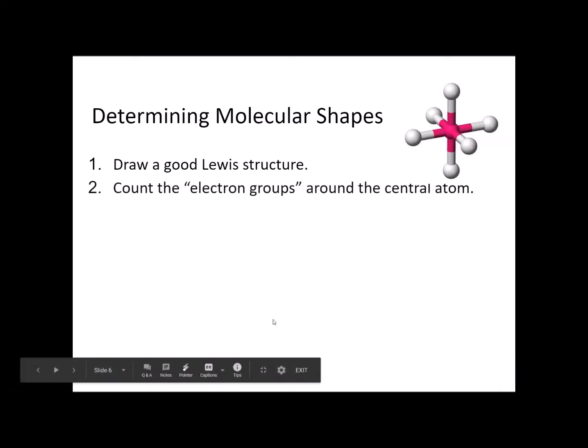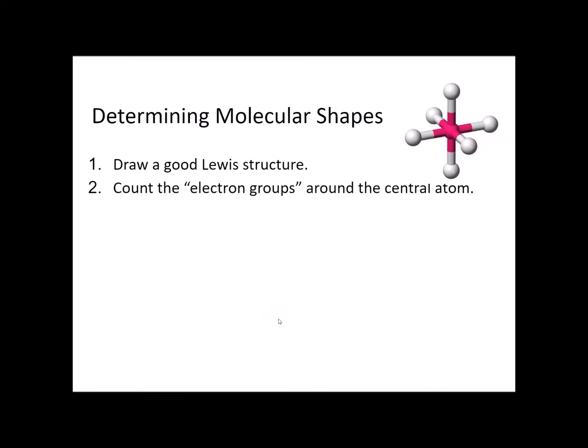Second, we're going to count electron groups around the central atom, just like we did on the previous slide. Counting electron groups is as simple as finding which atom is central and then counting 1 for every type of bond, whether it's single, double, or triple, counts as 1. If it's a lone pair of electrons, that counts as 1 as well.